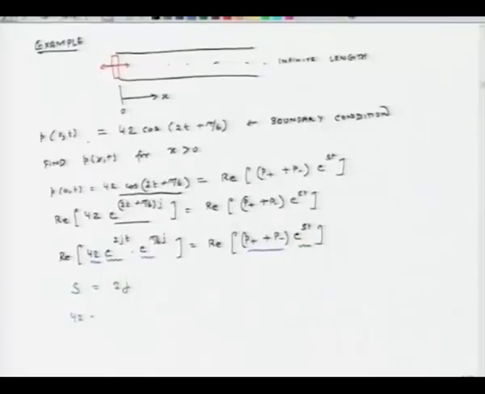So, then I say 42 e to the pi/6 times j equals P plus plus P minus.